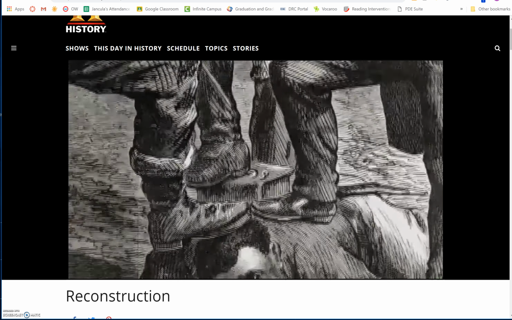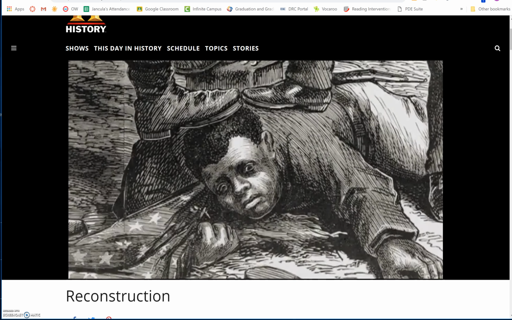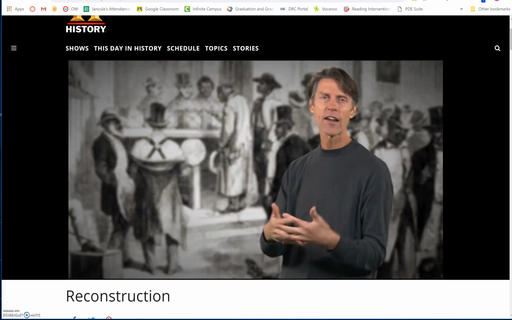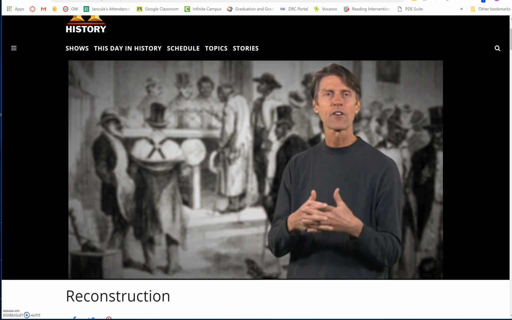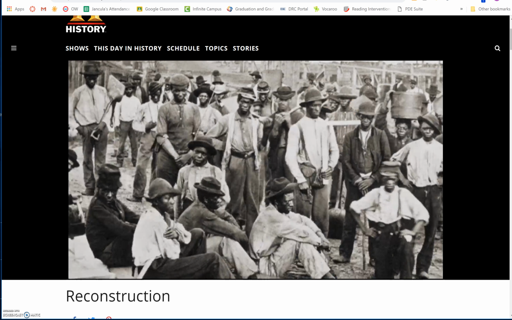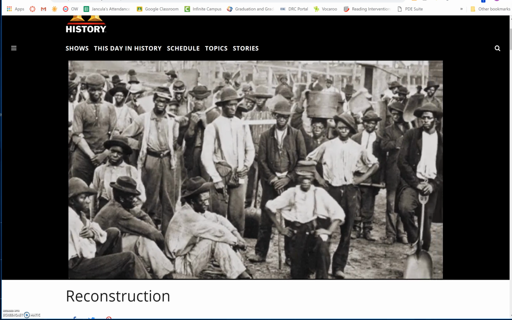White Southern resentment leads to increased violence, and it is clear that Reconstruction's days are numbered. As soon as the North decided, okay, we've had enough of this conflict, we've had enough of trying to tell the South what to do, then Southern blacks would be thrown back on the mercies, and they weren't very merciful at all, of the Southern white majority.